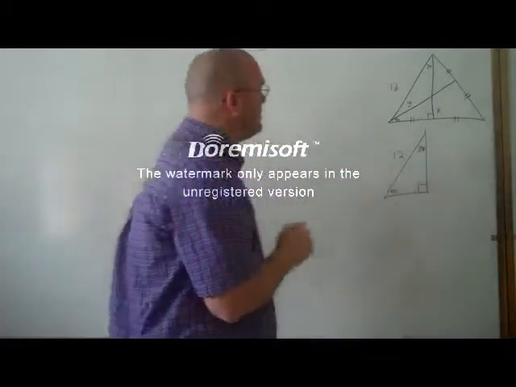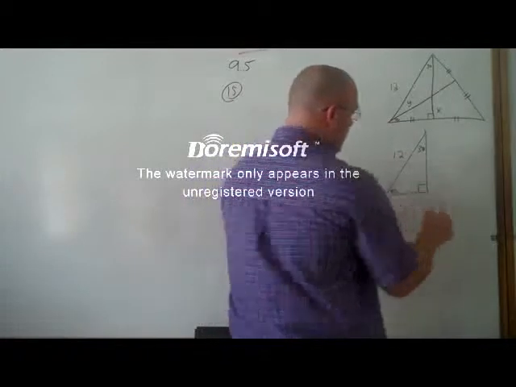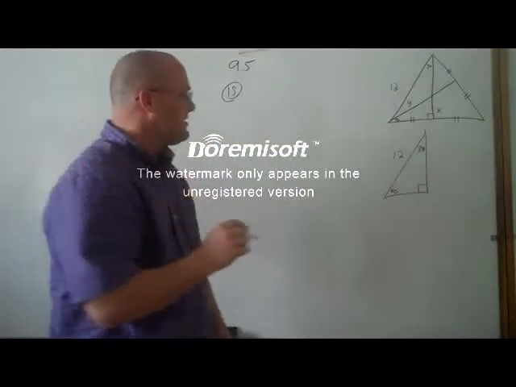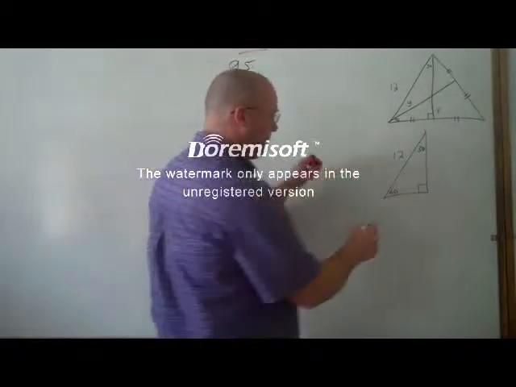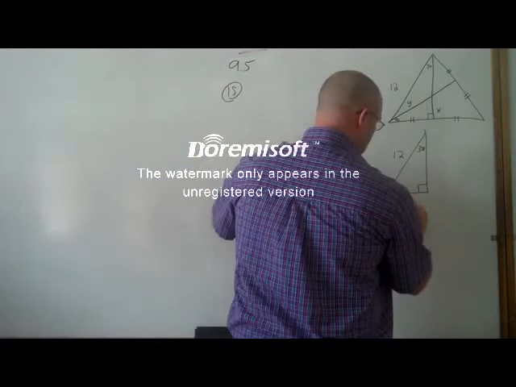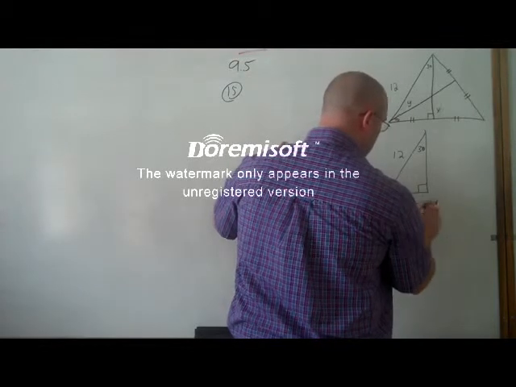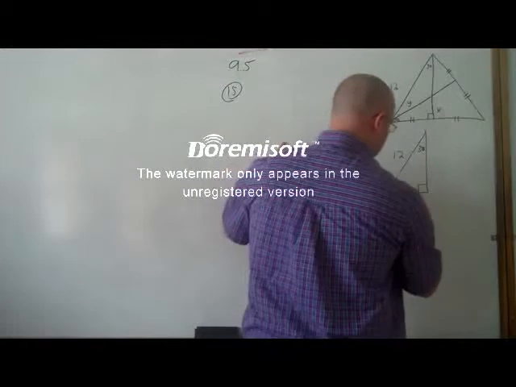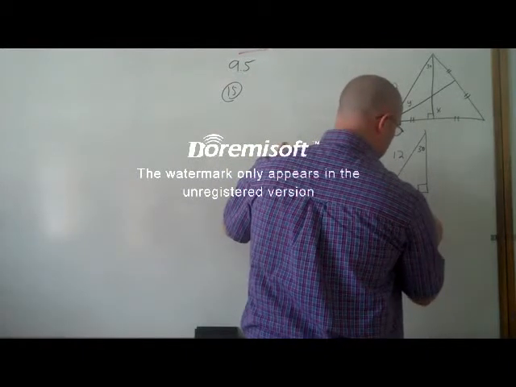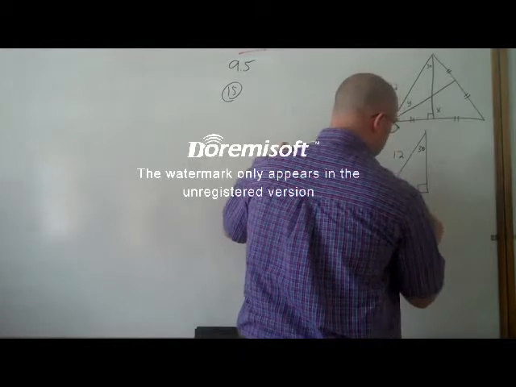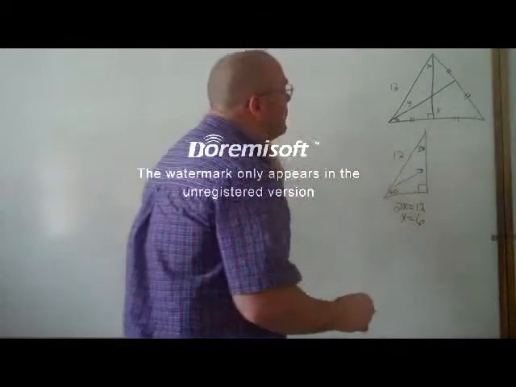Okay. So, what's this base going to be? Across from 90 in a 30, 60, 90, oh, nope, across from 90 is 2x, sorry, equals 12. So x equals 6. Across from the 60, the length of this is what we're looking for, right?